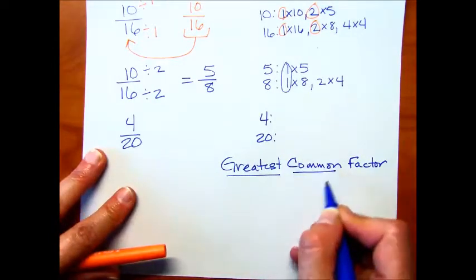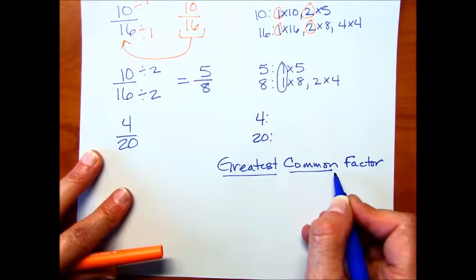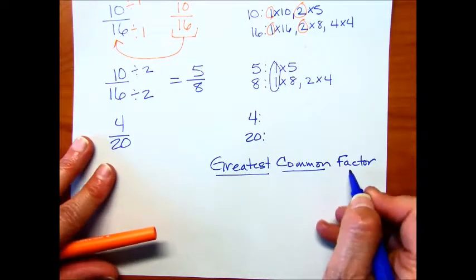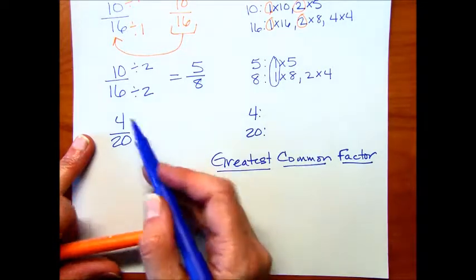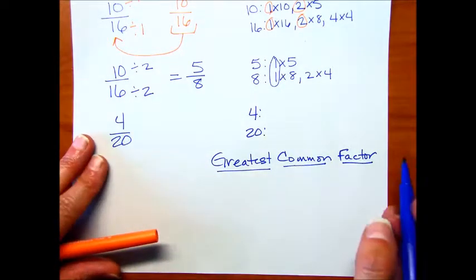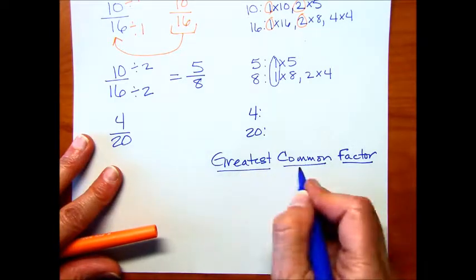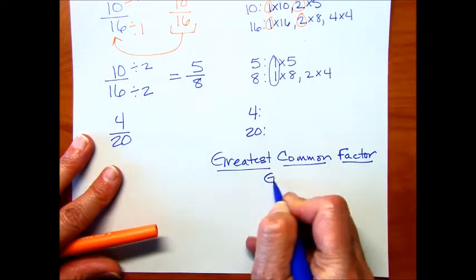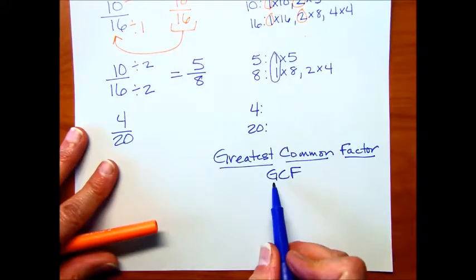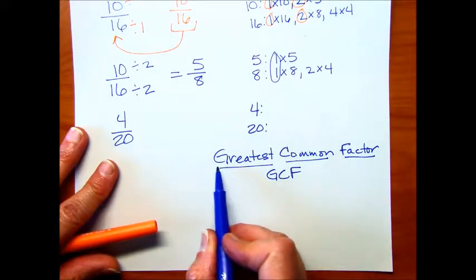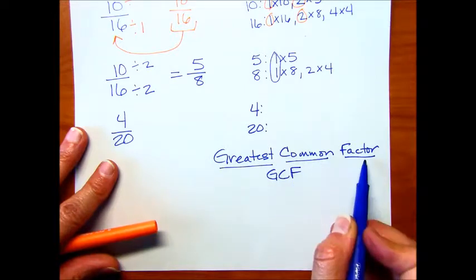Common means that they both have this number. They both share it. And a factor is one of the numbers that make up that product. Sometimes we see greatest common factor as GCF, and that's an acronym for greatest common factor.